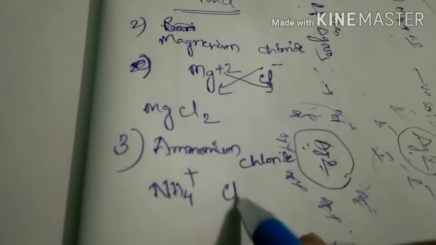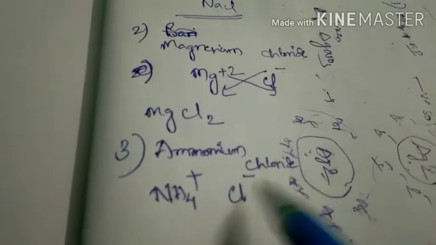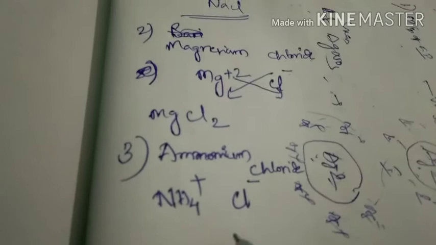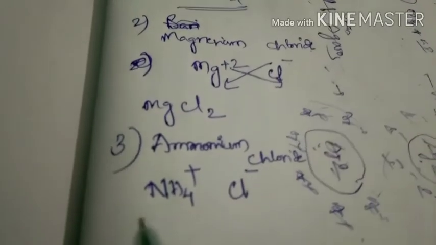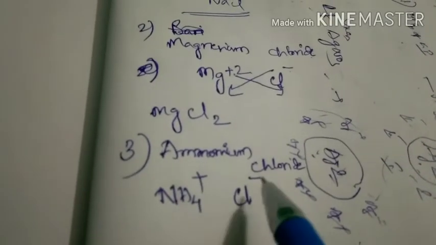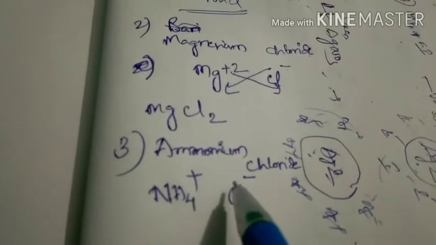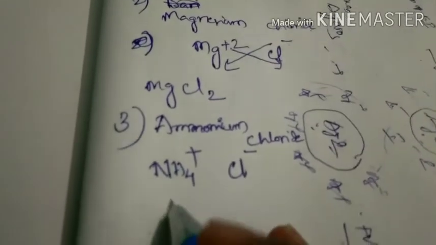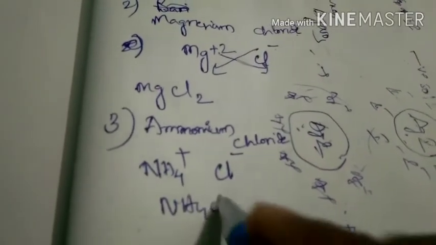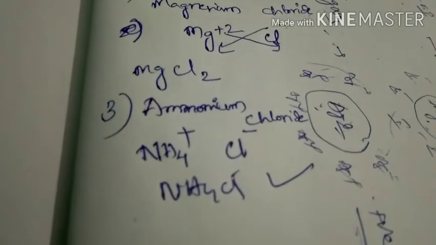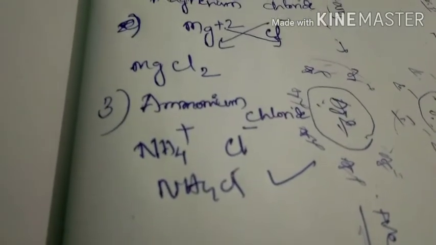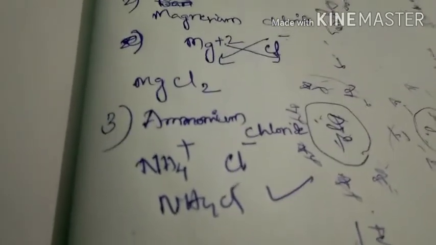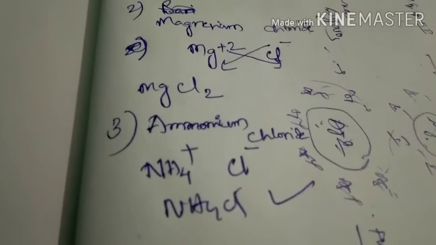Chloride symbol we discussed already, Cl minus. So here plus 1, minus 1, both are equal charges. Then we write the combined formula, that means NH4Cl. NH4Cl is the formula for ammonium chloride. That's all. This is the way to write the formula of a given compound.